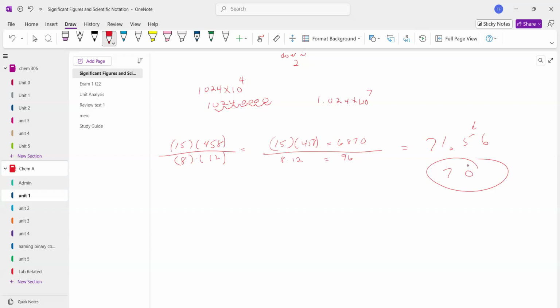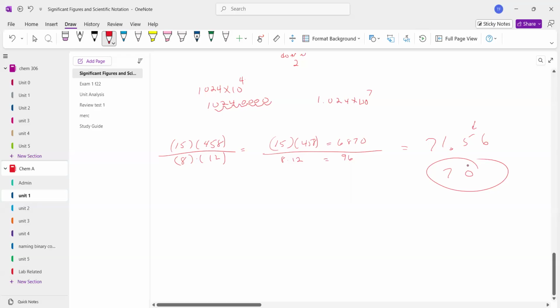Now, let's say this problem is worth 10 points. Well, usually on a story problem or a word problem, I give you 90% of the points for the setup, 10% for the answer, like I was saying yesterday.